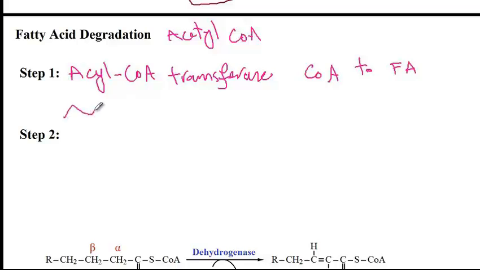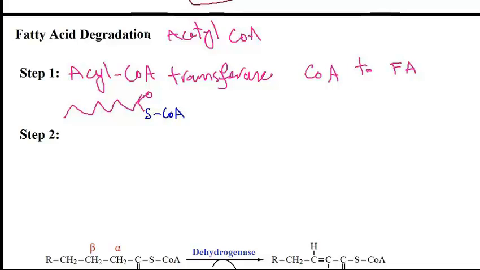So here, let's say that we have a fatty acid O negative. Now with this acyl coenzyme A, we will have S coenzyme A replacing it.